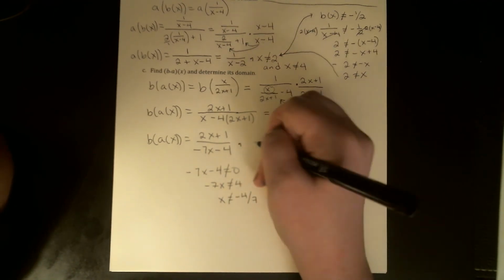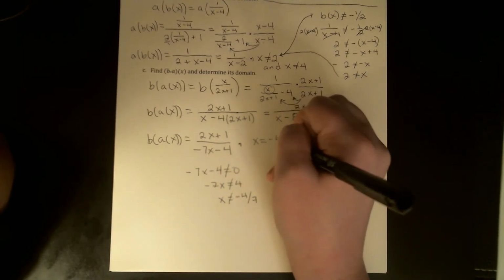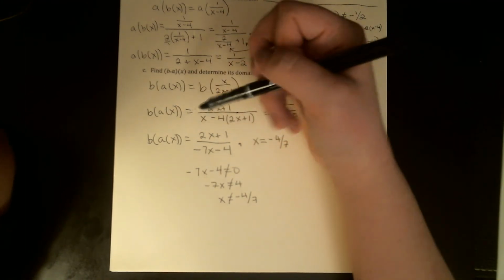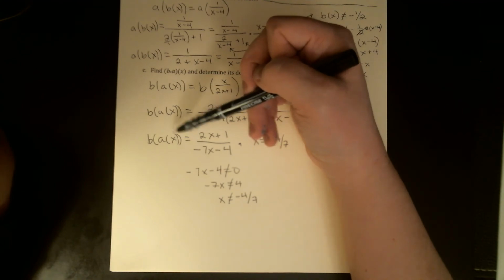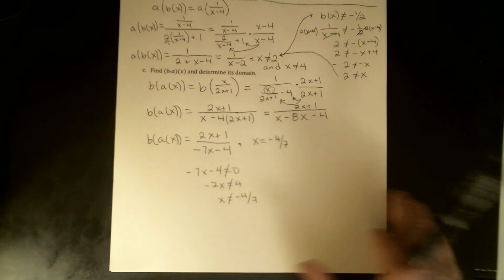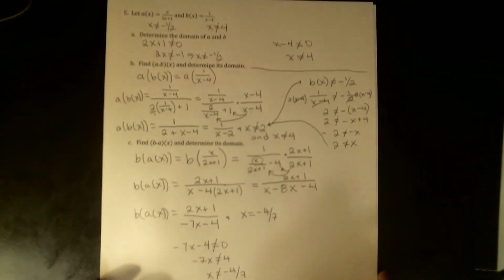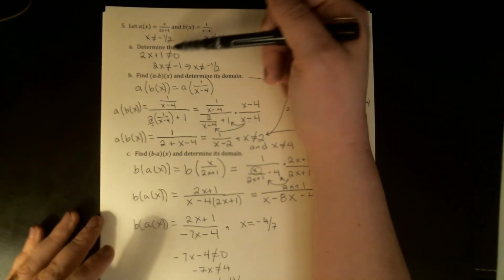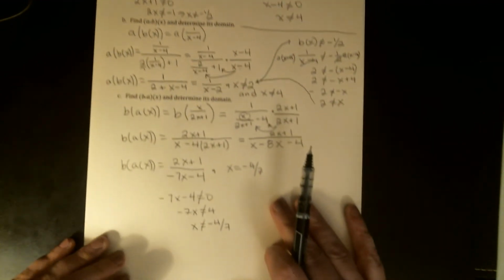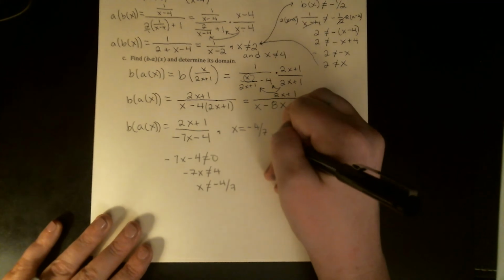So part of my domain restriction is x cannot equal -4/7. If I'm paying attention, I'll also recognize that I shouldn't be trying to plug an x in that's not a valid input for A, which means, if we go back up to the top here, x is not allowed to equal -1/2. I can't plug -1/2 into A, so I'm going to make sure I exclude that as well.